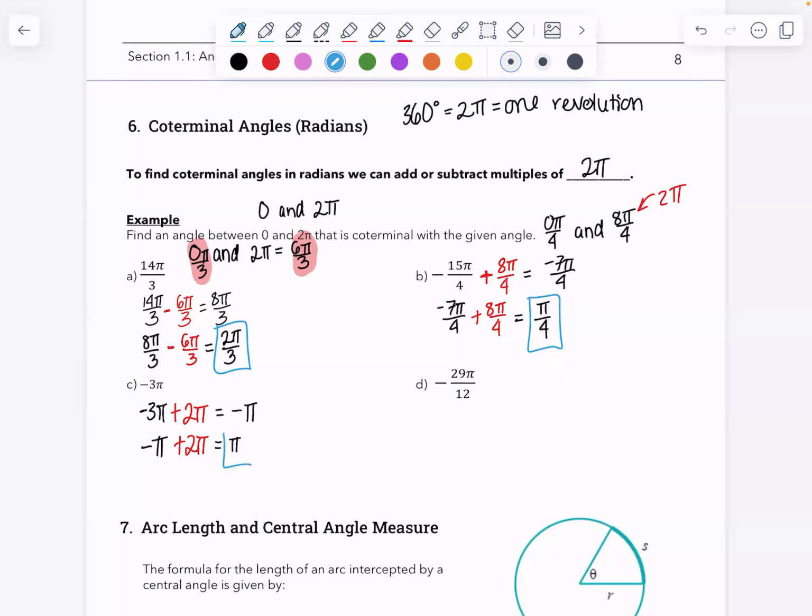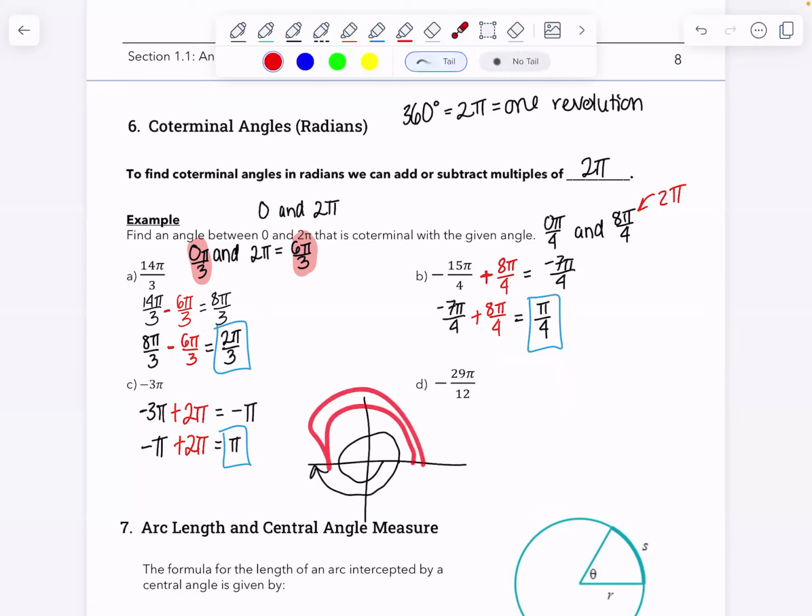This makes a lot of sense if you think about it. Negative 2 pi would be a full circle, and then another negative pi puts you right here, which is the same exact angle, coterminal with half a circle, which is pi.